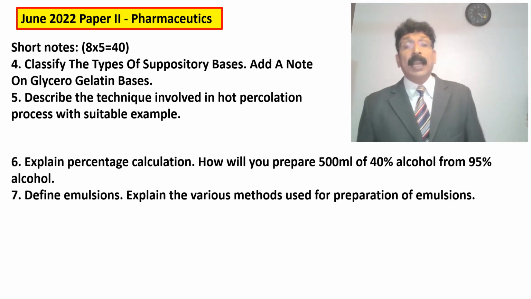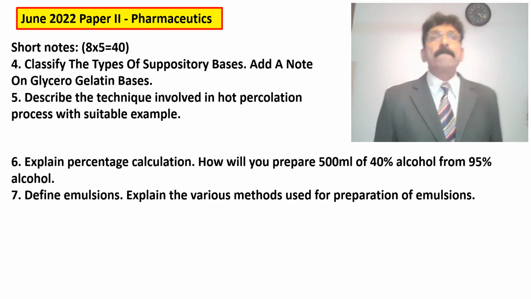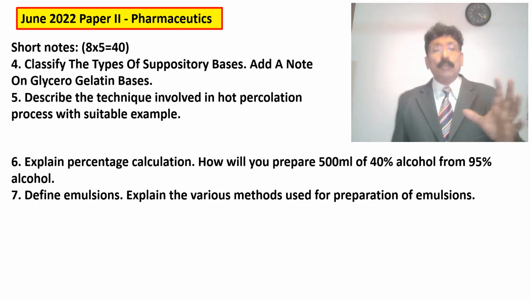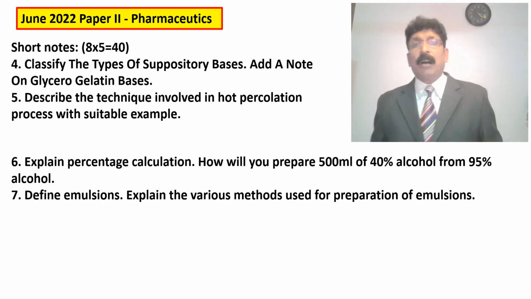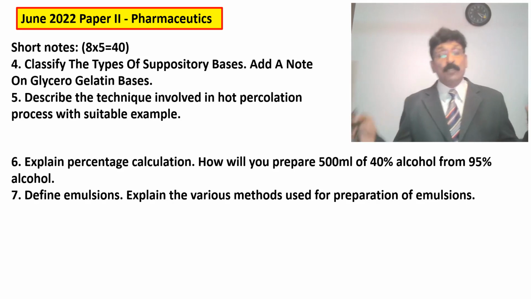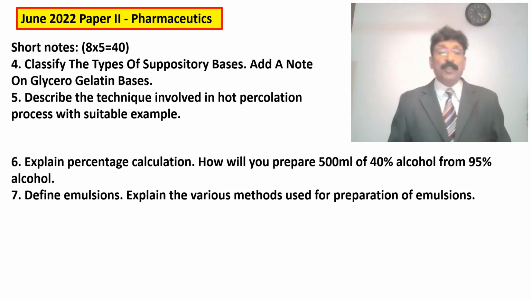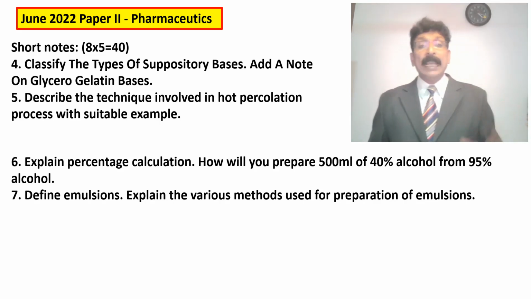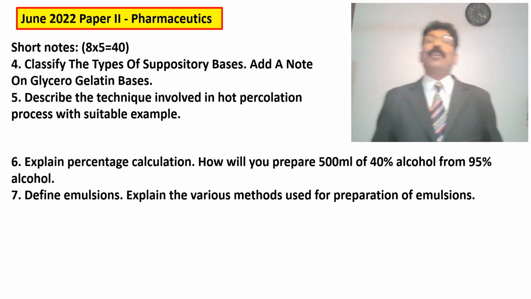And number 6, the third 5-mark question, explain percentage calculation. How will you prepare 500 ml of 40% alcohol from 95% alcohol? If you know the posology and the preparation of dilution of the solution, it is possible for you to write this 5-mark question. Define emulsion. Explain the various methods used for preparation of emulsion.